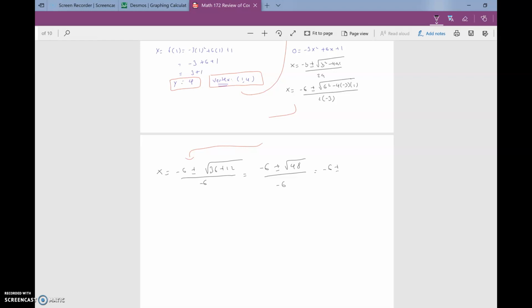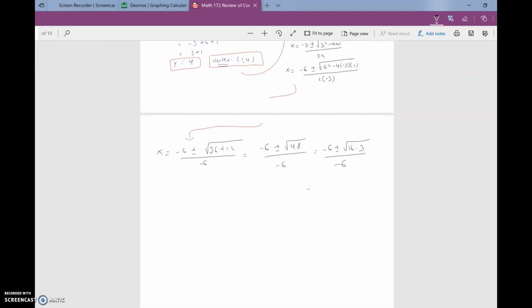Negative 6 plus or minus the square root of, this will be 16 times 3, divided by negative 6. Or negative 6 plus or minus, this will be 4 square root of 3 divided by negative 6.